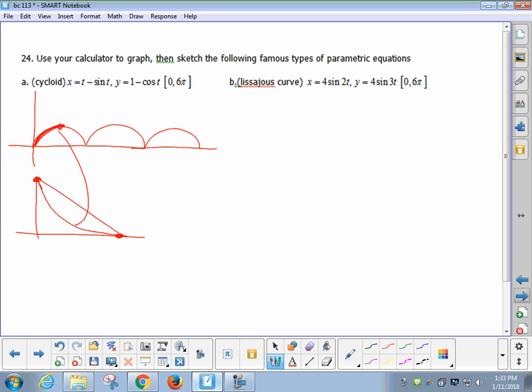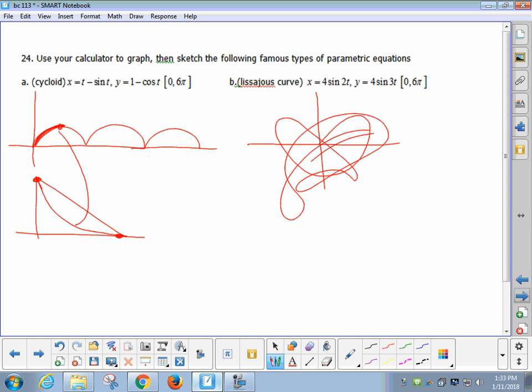All right, this one is not really a huge idea of math, but I just like to say lysojuice. So I threw it out there, lysojuice. You get the idea? It doesn't look like that, by the way.